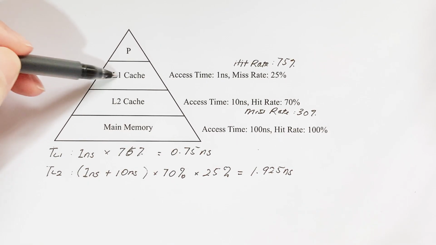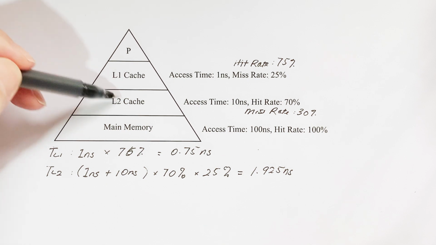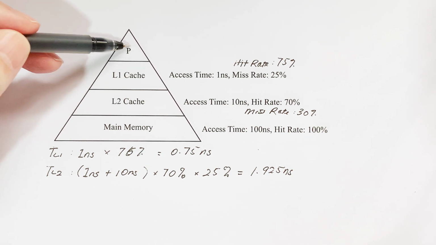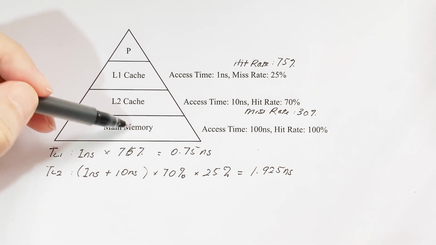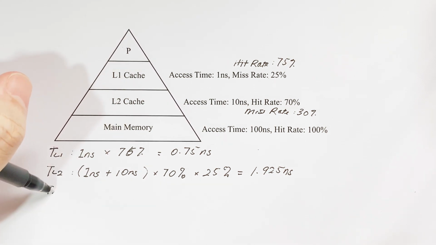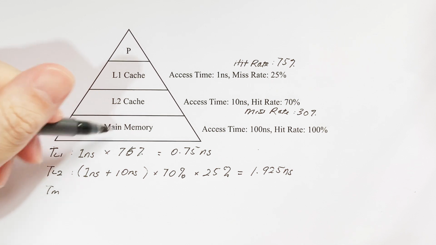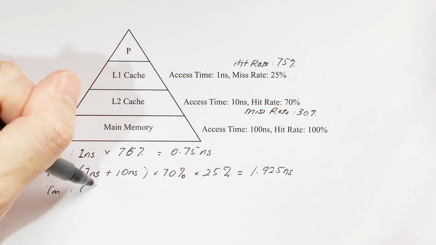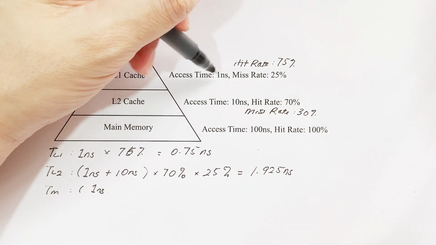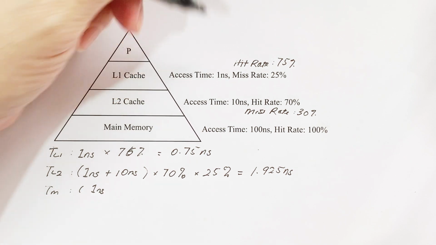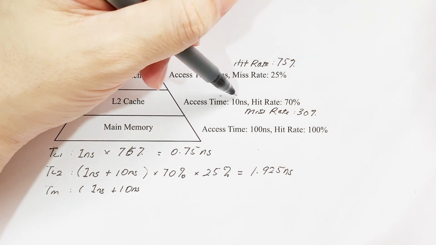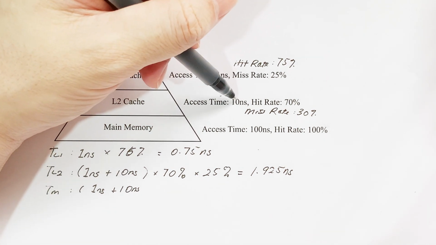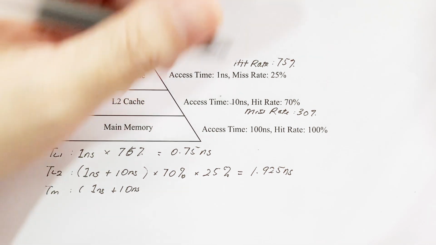When both the level 1 and level 2 caches don't have the data that the processor requires, then the last resort will be to go to the main memory. The time required to get data from the main memory will be 1 nanosecond, which is the time spent to search in the level 1 cache, plus 10 nanoseconds, which is the access time spent to search for the data in the level 2 cache.